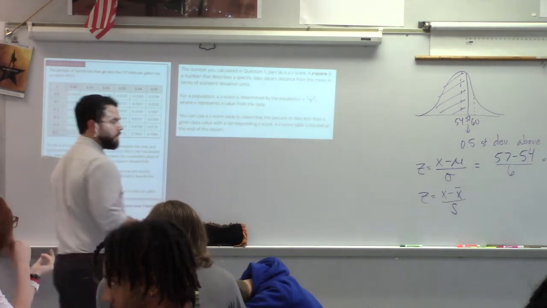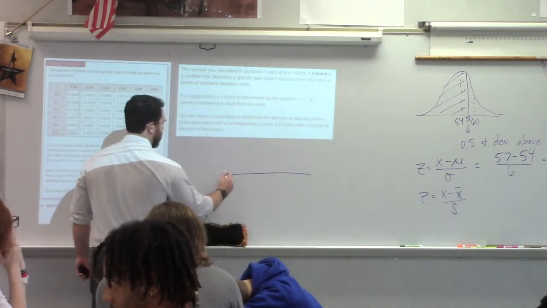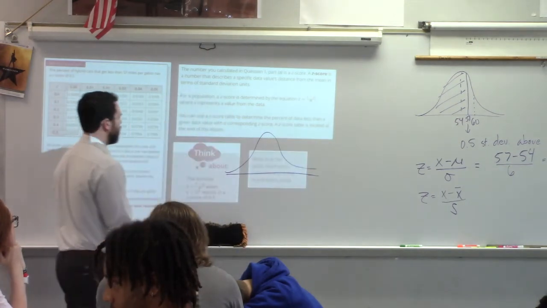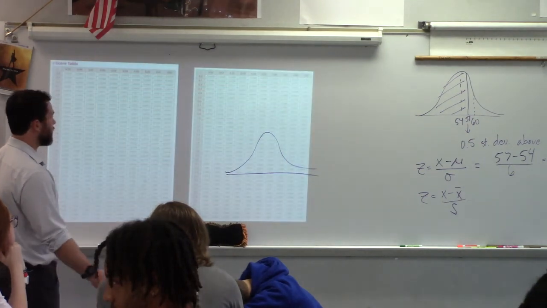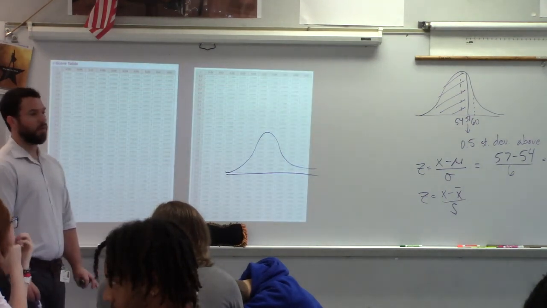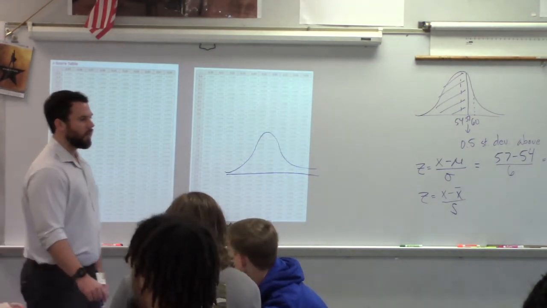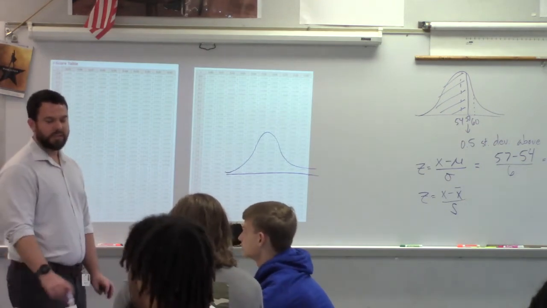When you look at a z-score table, this is towards the end of the lesson. This is an entire z-score table, if you want to go ahead and glance there. I want to point this out because it is important.